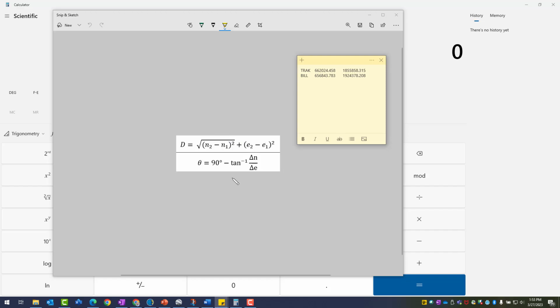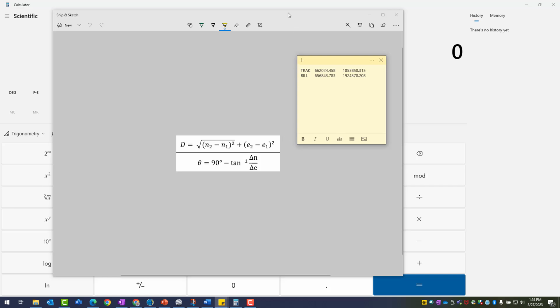And then over here I have an image of the distance formula. So basically you're going to take the difference between northing 2 and northing 1, square those, and then add that to the difference between easting 2 and easting 1 squared, and take the square root of that. It's basically the Pythagorean theorem.